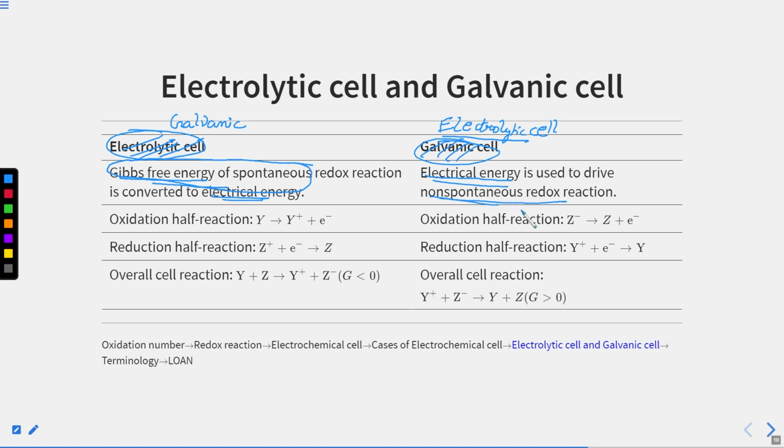So if a reaction is spontaneous in one direction, it must be non-spontaneous in the other direction. So we are using this principle, and when we are applying a voltage that is less than the potential of the spontaneous redox reaction, then we are getting a galvanic cell.